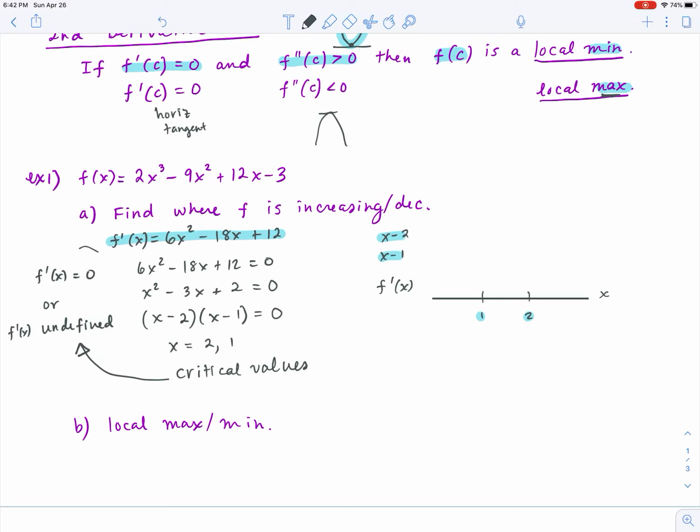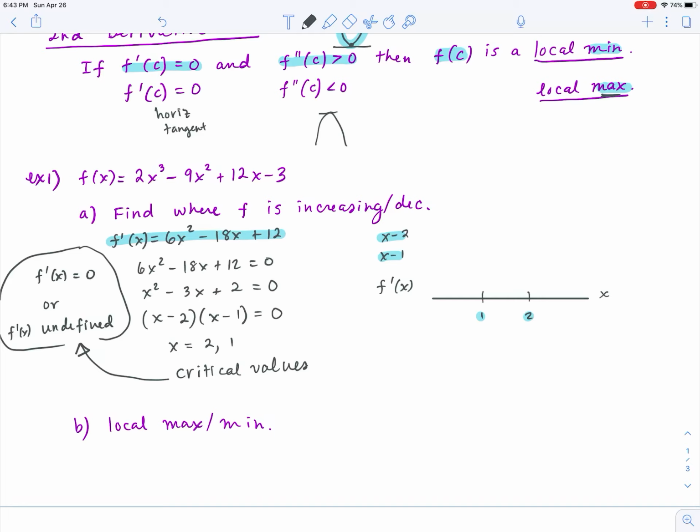So keep that in mind. This is a polynomial and doesn't have any undefined values for x, and so therefore we don't have to worry about it for this one, but generally it should be something that you take into consideration. That will give you critical values. If there's an asymptote or a hole in your graph, then the increasing and decreasing could change on either side of those. So you need to account for those as well.